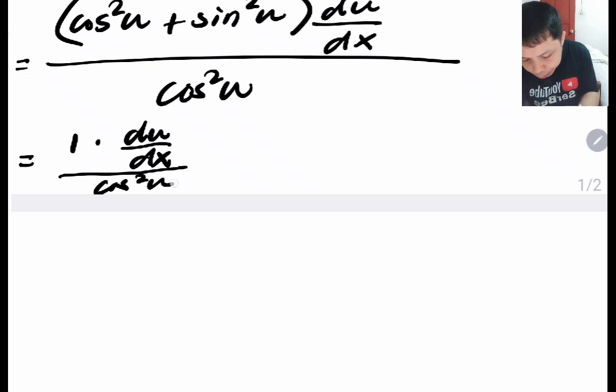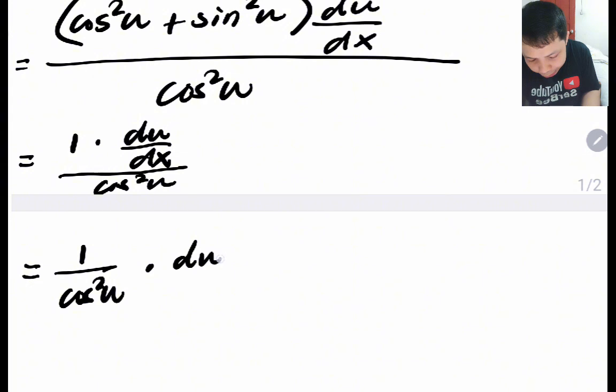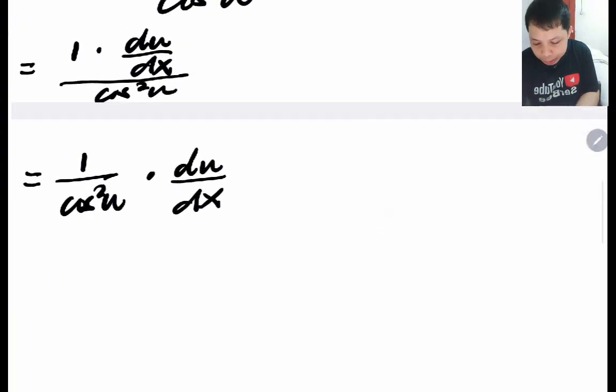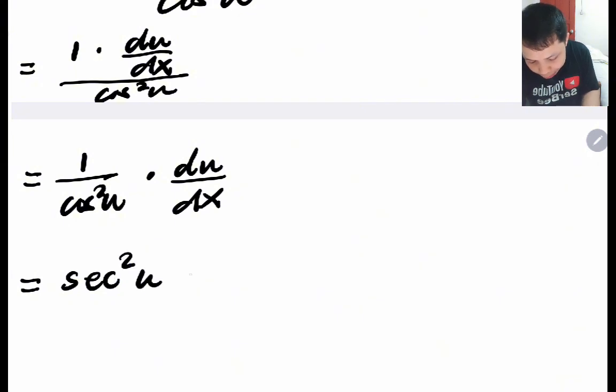cosine square of u. And we know that 1 over cosine square of u times du dx is equal to what? We know that the reciprocal of cosine is secant. And we have cosine square of u here. So therefore, we have secant square of u times the derivative of u with respect to x.